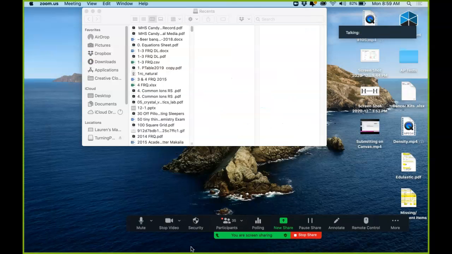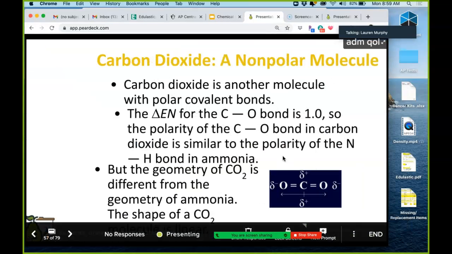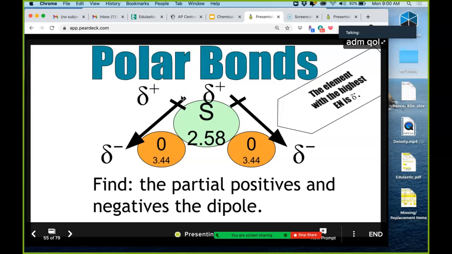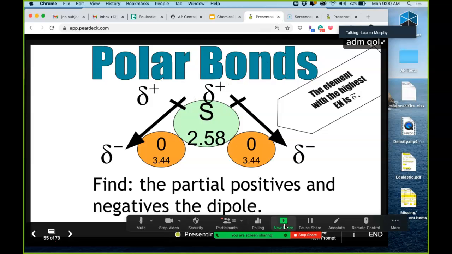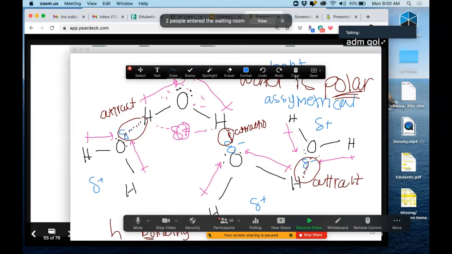Okay, so let's draw ammonia. Please draw ammonia. I'll leave this up. I'd like you to take a moment and draw ammonia. Ammonia's formula is NH3.